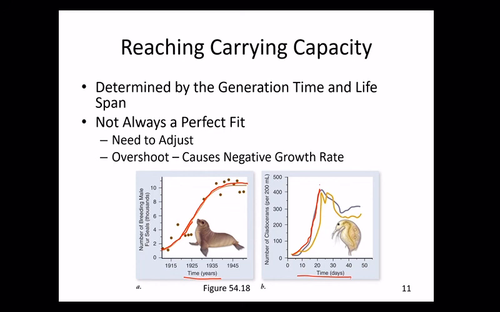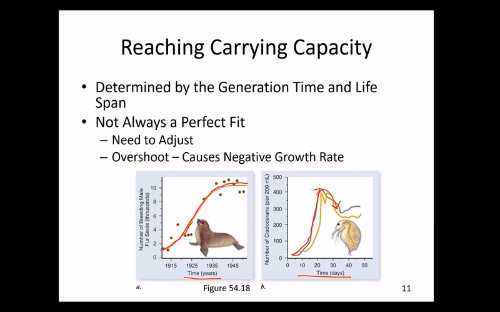As it gets closer, we do sort of see a decrease, but in this case, it actually overshot. It's growing faster than the adjustment can occur. And so we end up with a short period of a negative growth rate in which the number of deaths or emigrations is larger than the number of births or immigrations, and so therefore we have a negative growth curve.